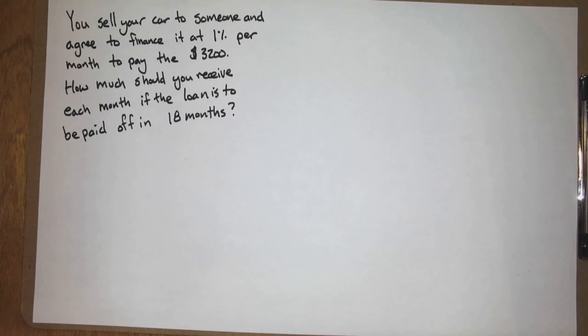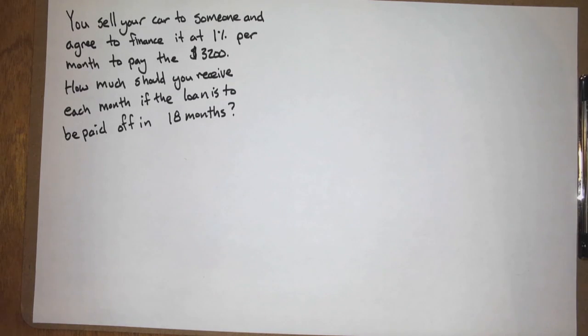You sell your car to someone and agree to finance it at 1% per month to pay the $3,200. Okay, so it's not a very nice car, but that's all right. It works, it runs, it's worth a few $1,000s. How much should you receive each month if the loan is to be paid off in 18 months? All right.